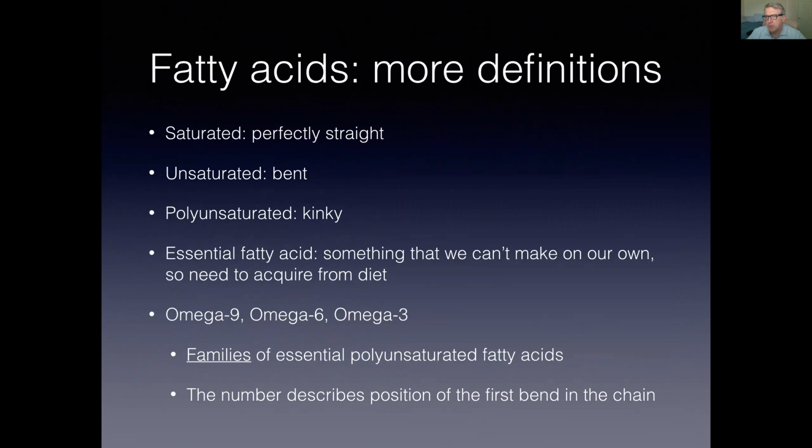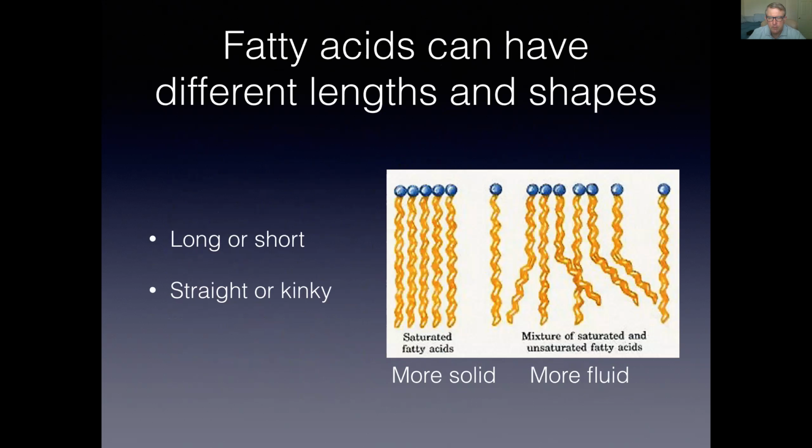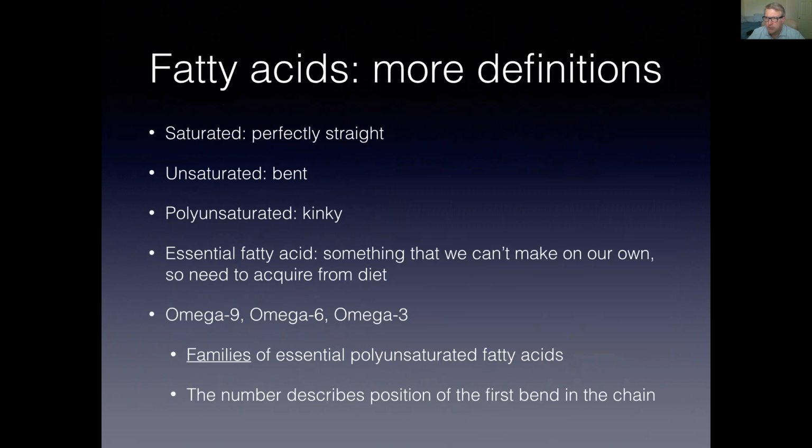So terms around fatty acids, you'll hear these all the time, and here's what they mean. A saturated fatty acid is a perfectly straight molecule. On the left, all those are saturated fatty acids, and on the right, those are unsaturated, mixed in. Unsaturated molecules are bent. Polyunsaturated molecules are very bent, so they're the ones that I would call kinky. Essential fatty acids: when something is called essential, it's because we can't make it, therefore we have to get it from our diet. And some of the fatty acids are essential.